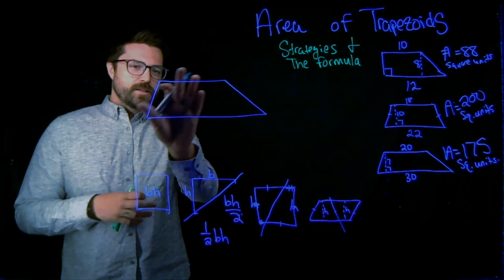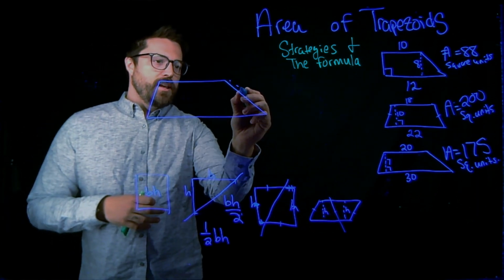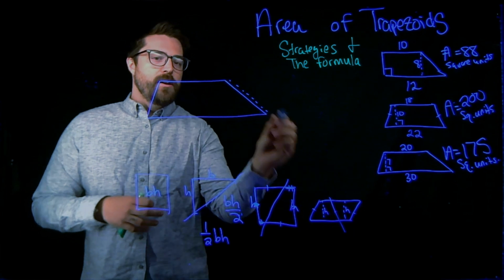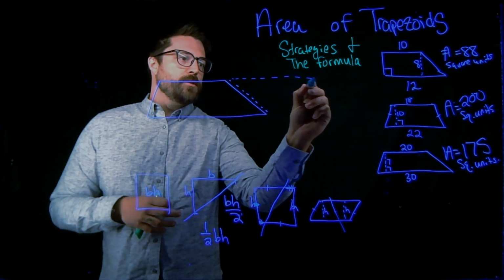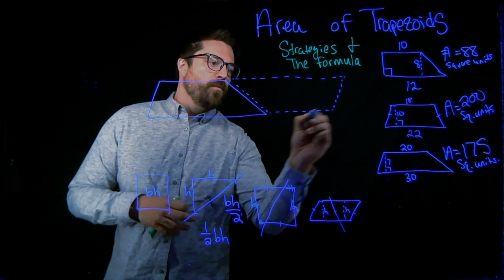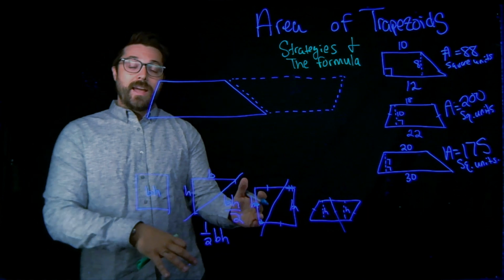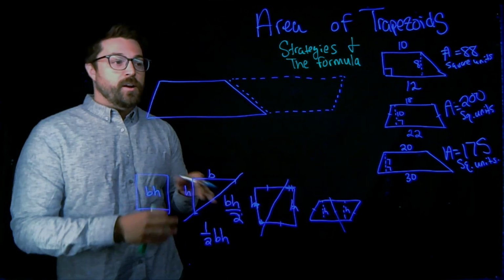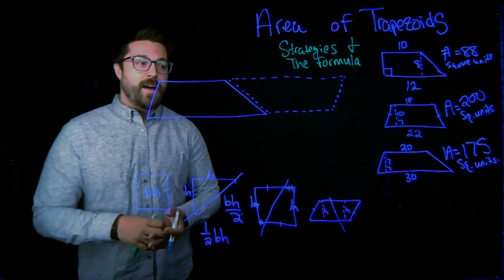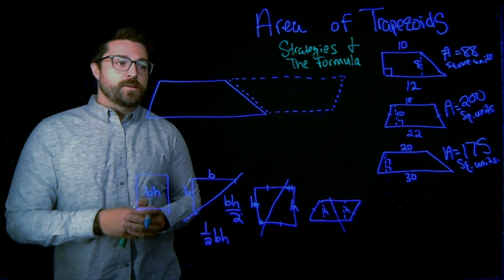So I'm going to go back to this trapezoid. Now imagine that I added another identical trapezoid, but sort of upside down right next to this one. Building off of this idea that we can create two trapezoids by cutting a parallelogram or rectangle in half, let's create a parallelogram by doubling the trapezoid.